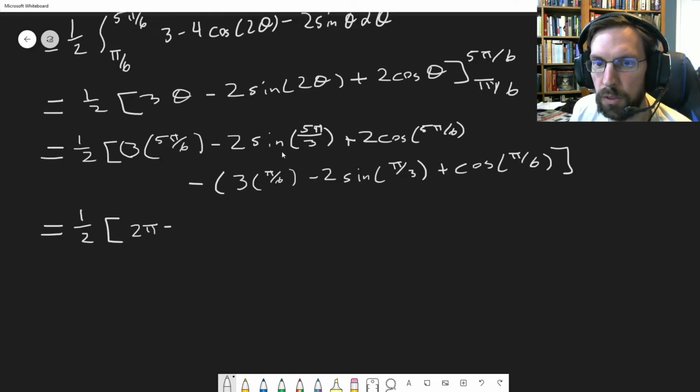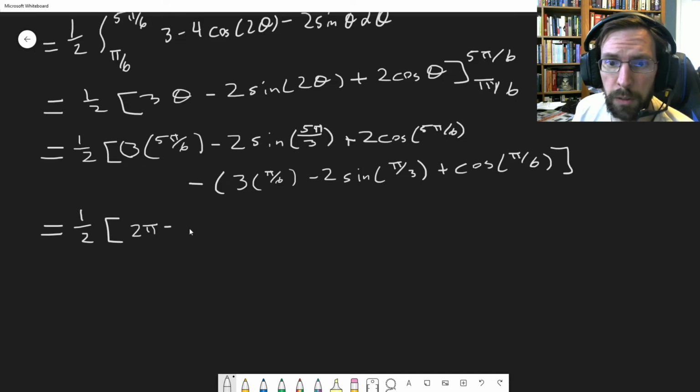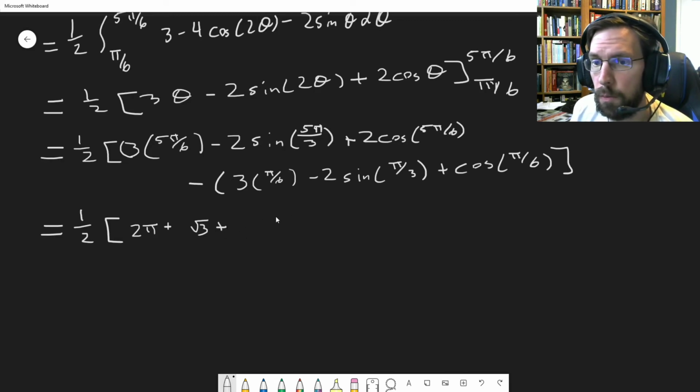Minus 2 sine 5 pi over 3. Sine 5 pi over 3 should be negative root 3 over 2, so that'll be minus becomes plus root 3, plus 2 cosine 5 pi over 6 should be minus root 3 times 2.